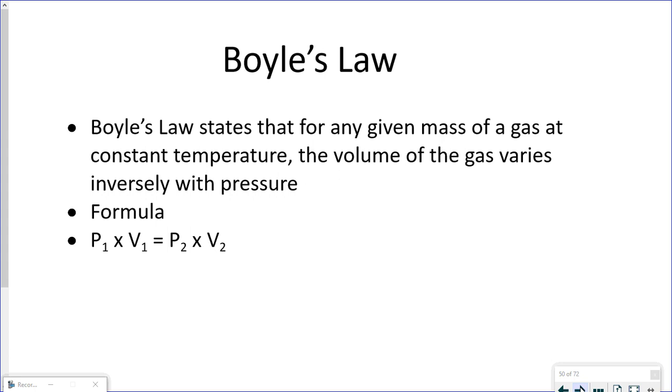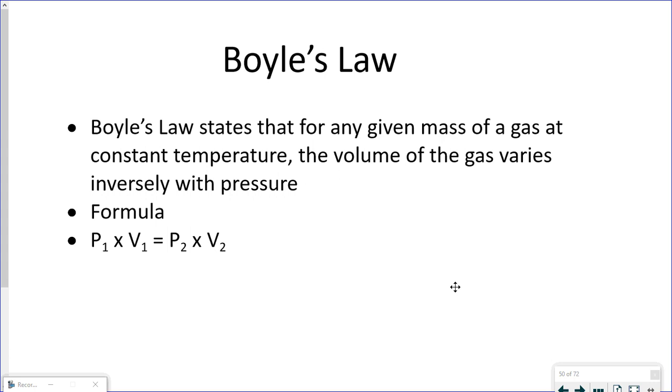So remember, inverse means they go in the opposite direction. So if one goes up, the other goes down. If one goes down, the other goes up. The individual formula for Boyle's law, only comparing pressure and volume, is that the beginning pressure and volume is going to be equal to the final pressure and volume, whenever they're multiplied.